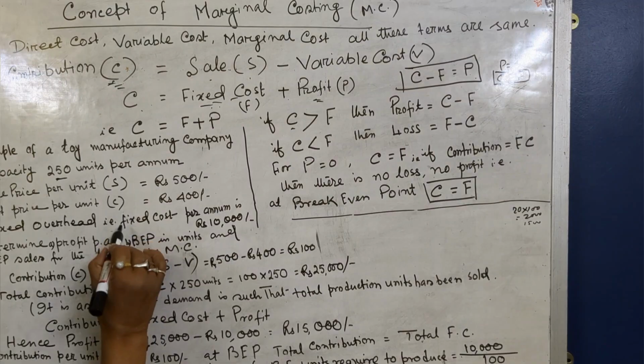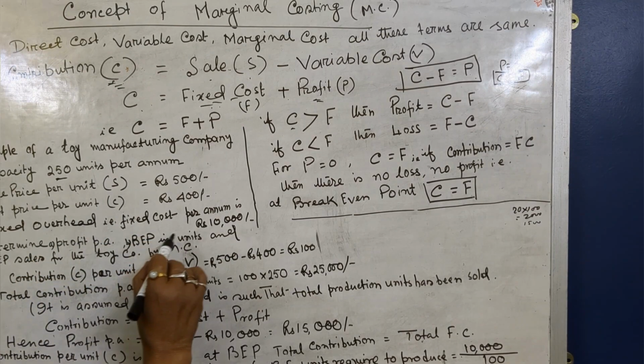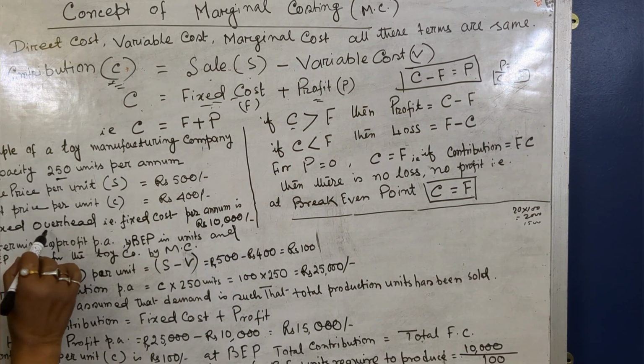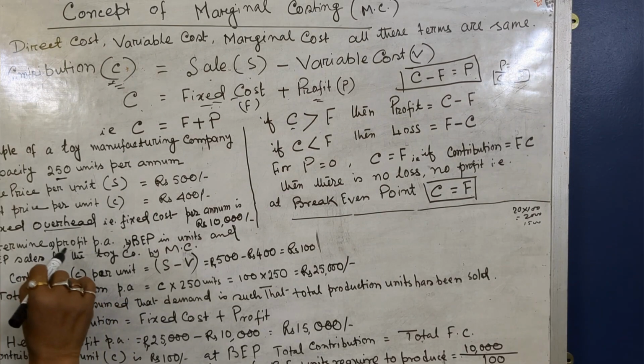Fixed overhead given for this company is rupees 10,000 per annum. We will discuss what overhead cost is in detail later on. Now I am telling you this is a fixed cost. You have to determine the profit per annum.